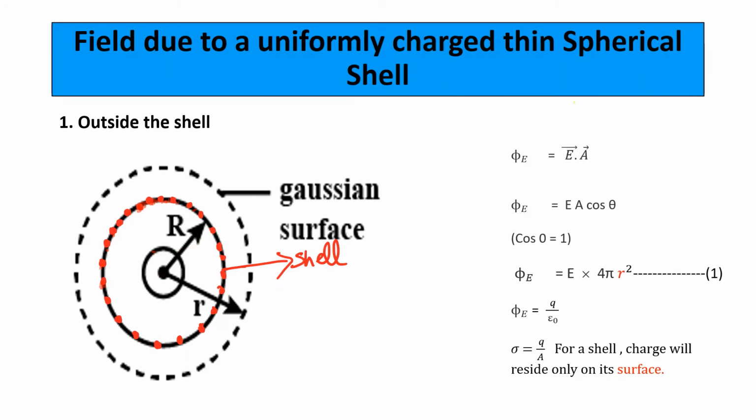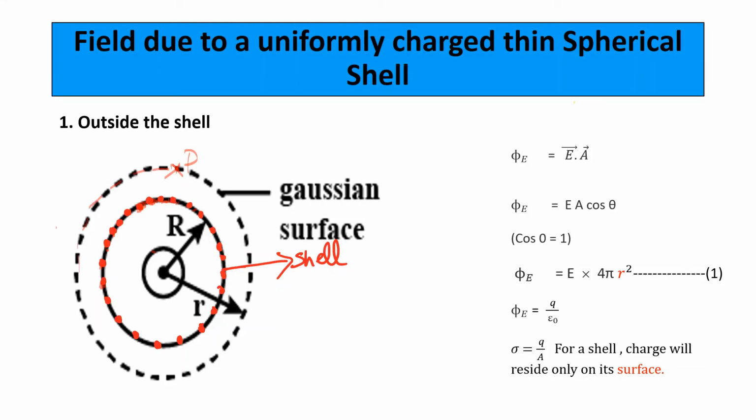Here we need to find out the electric field outside the shell and inside the shell. First we will learn the electric field outside the shell. For that, consider a point P outside the shell and you draw a Gaussian surface.